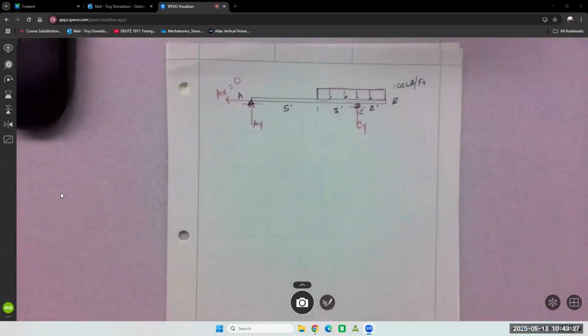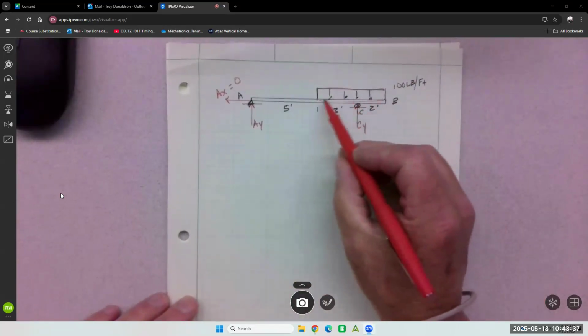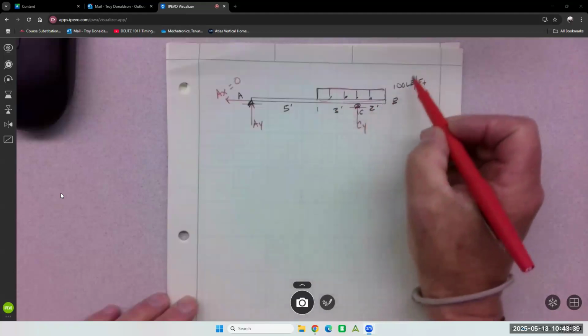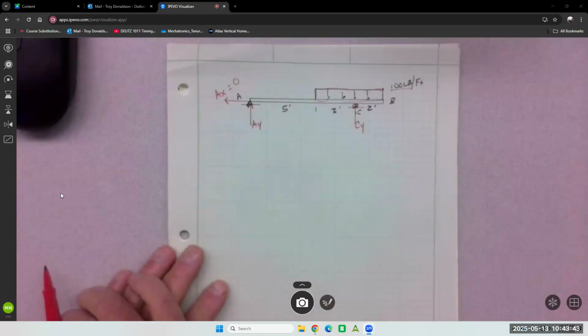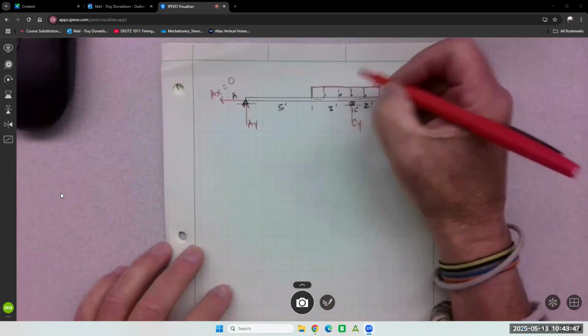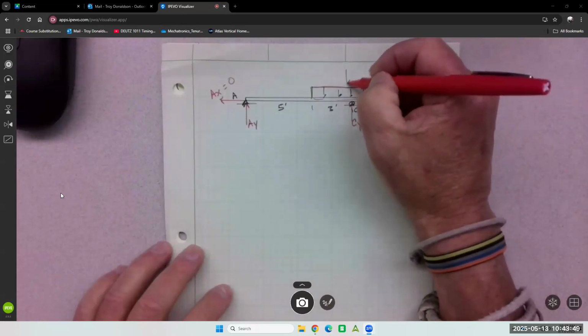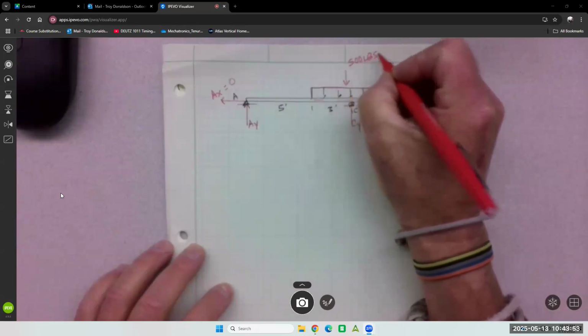If it was a half circle or a parabolic curve, then it's the area of whatever curve you're given. So how far is it along its base? 5 feet. How tall is it? 100. So 5 times 100 is 500. And where does it go? It's right in the geometric center. 500 pounds.